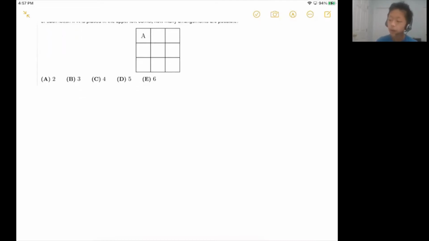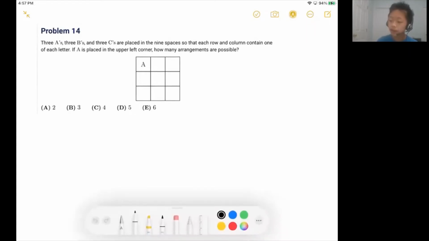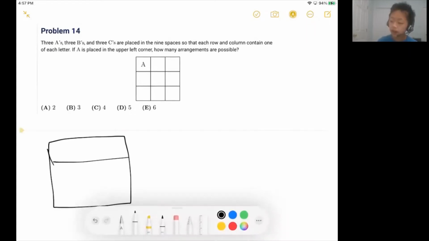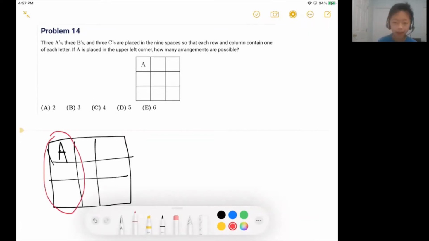So we're given that in this 3x3 grid, the letter A is at the top left corner. So we know that each row and each column contain exactly one of each letter. Well, if we look at this red column, we already have an A in the red column.